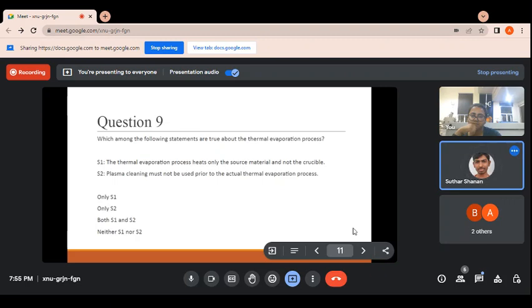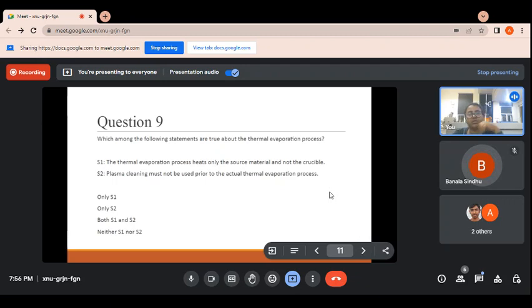The plasma cleaning must not be used, that also is false. Banana Sindhu, what is the right answer? Ma'am, neither S1 nor S2. Okay, so the right answer is neither S1 nor S2.